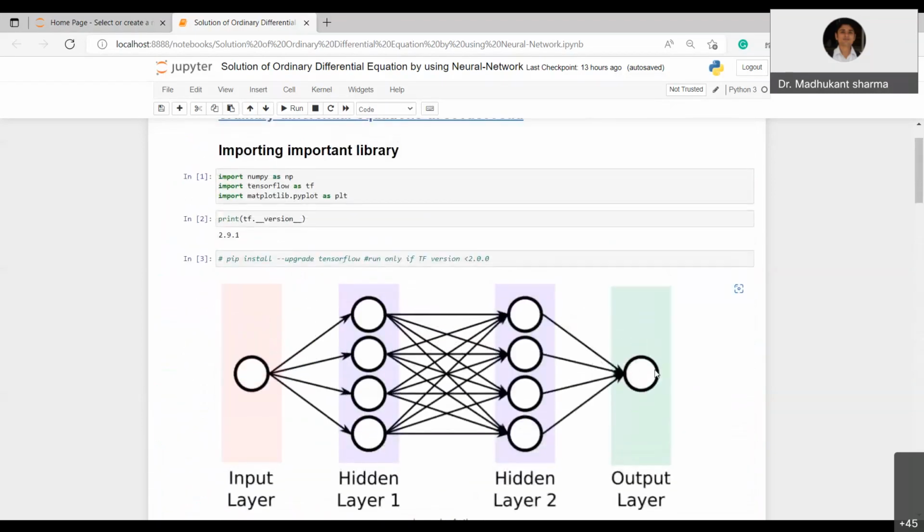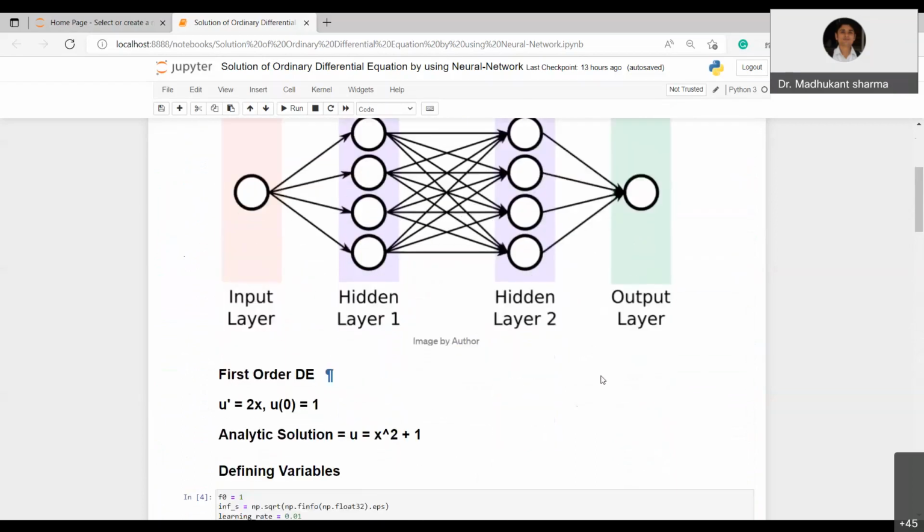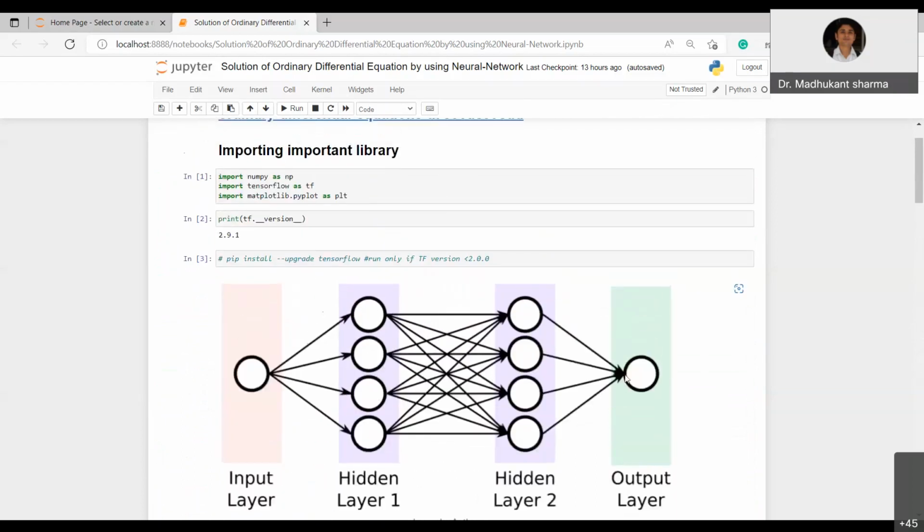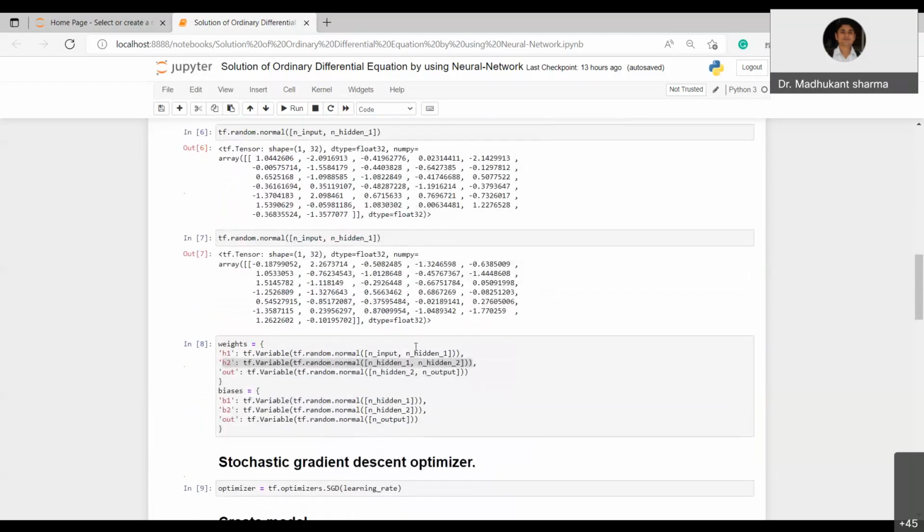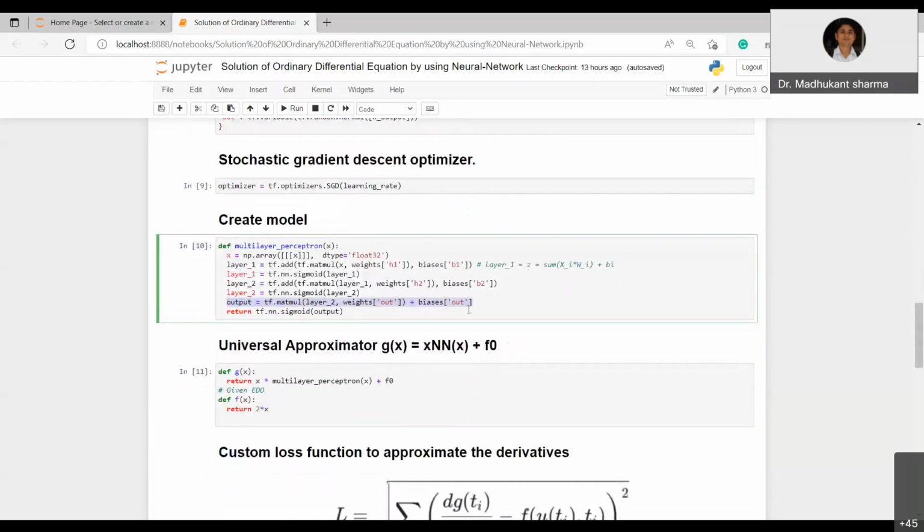There is one question: why have I used sigmoid in all the nodes? We will discuss that after the implementation. So we have created our model, which is an artificial neural network, or we can say a multi-layer perceptron.